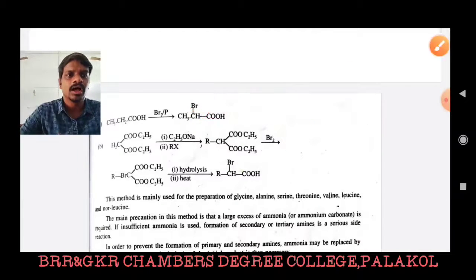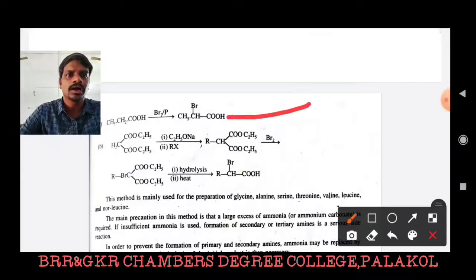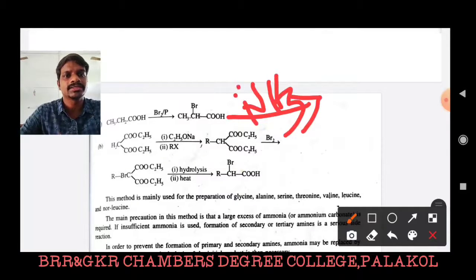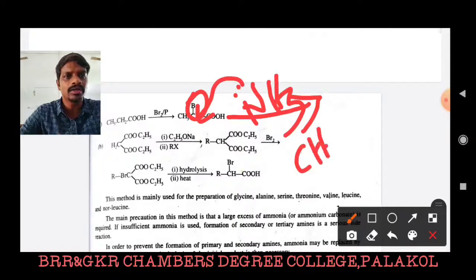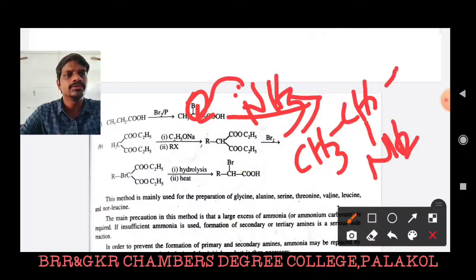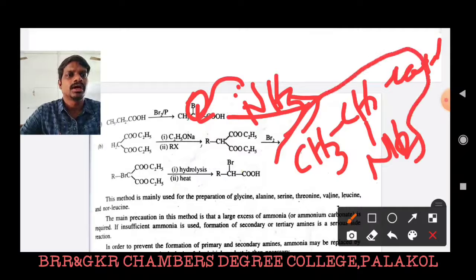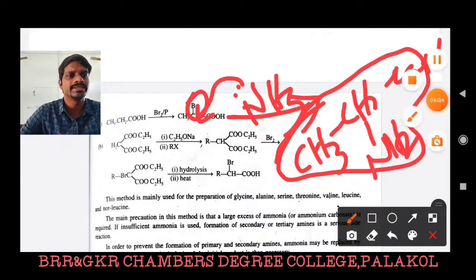That means alpha halo carboxylic acid is now treated with excess of ammonia, then the bromine is replaced by the NH2 group, and we get alpha amino acid, that means CH3CH(NH2)COOH. So, this is alpha amino acid.